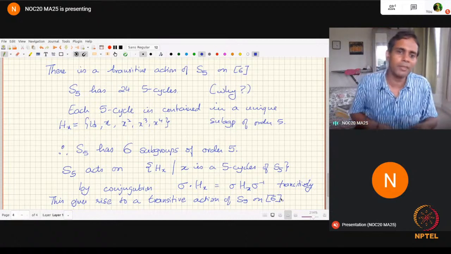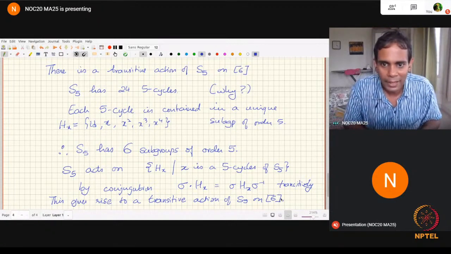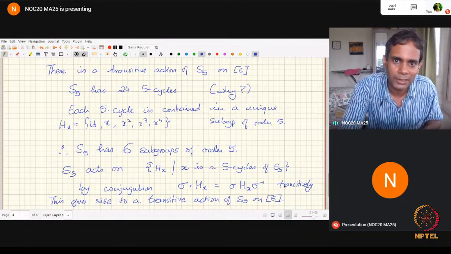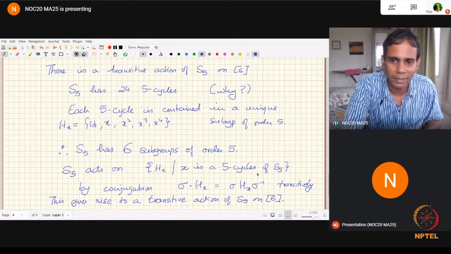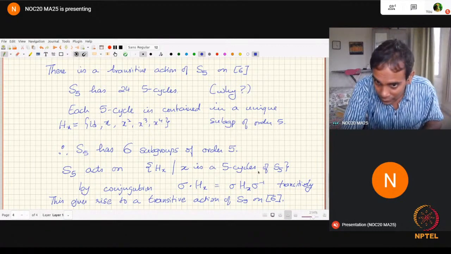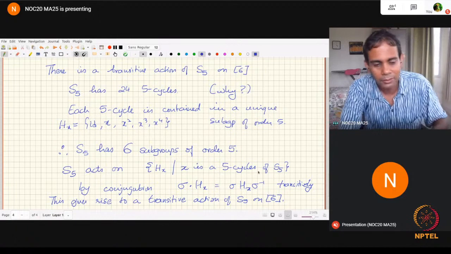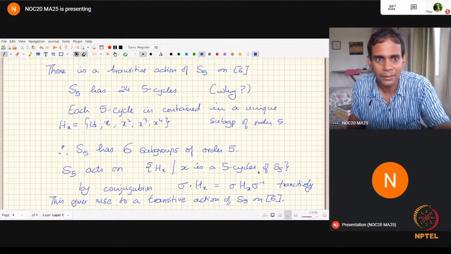This gives a way of thinking of S5 as a subgroup of S6 that's very different from what we are used to, namely just permuting the first 5 elements.